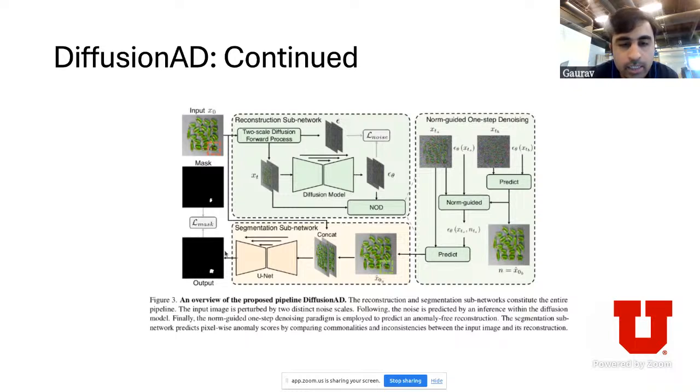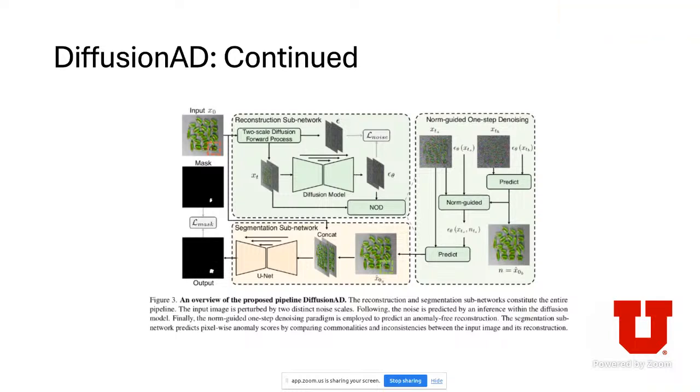Yes, I think that's a good point. In this particular case, I think they might be using a simulated sample, if basically they are having a particular mask with an output. So that might be the case here.